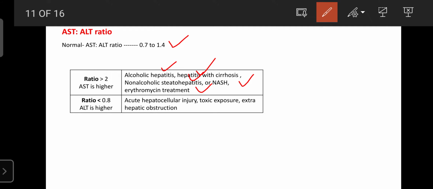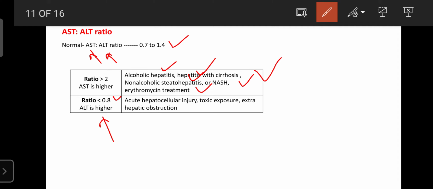If the ratio is 0.8 and only the ALT level is higher. Okay, the ratio is higher than 2 where the AST level is higher, then it denotes these disorders. If the ratio is less than 0.8, then the ALT level is higher.